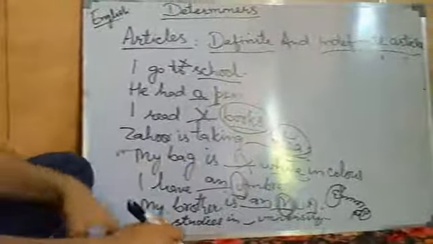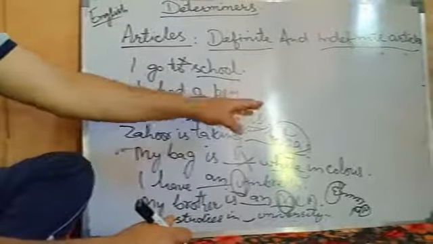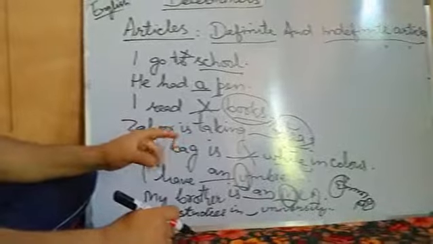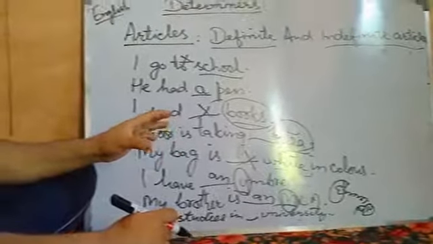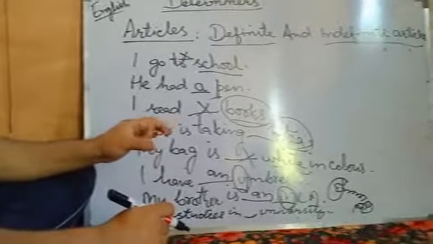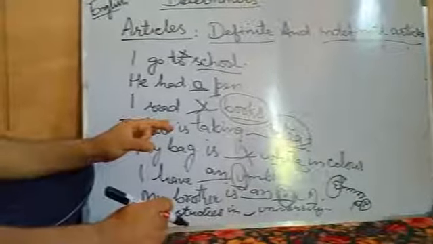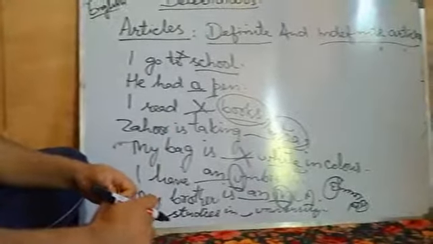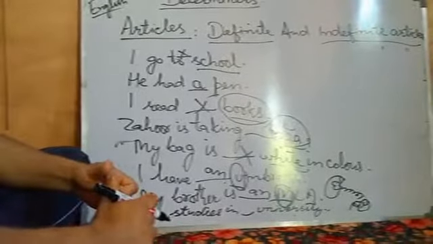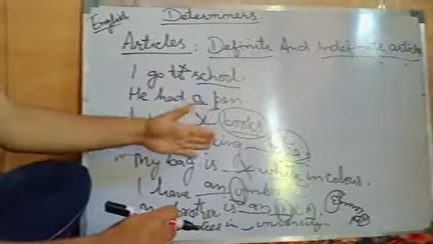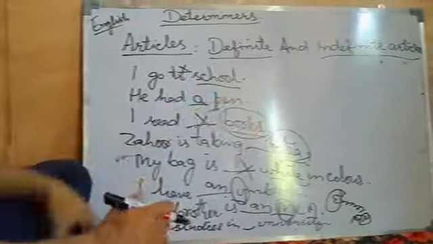There we have to use an. Any word or object that gives the sound of alif, when it is singular, we can use an. If we use a there, it is wrong. Alif sound is a vowel sound.